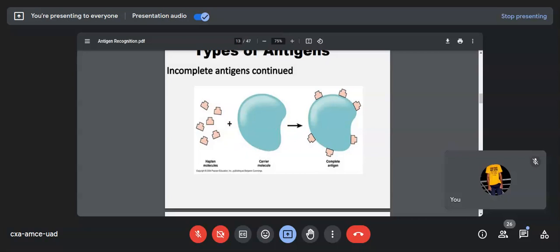Remember, I already said proteins and polysaccharides are so complex. So you get that hapten and surround it with a complex molecule to increase its complexity, and also to increase its molecular weight, in other words, for it to become a full complete antigen.